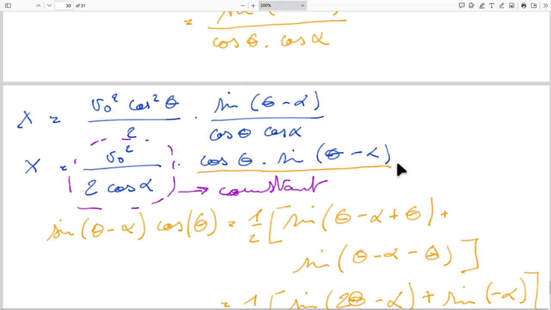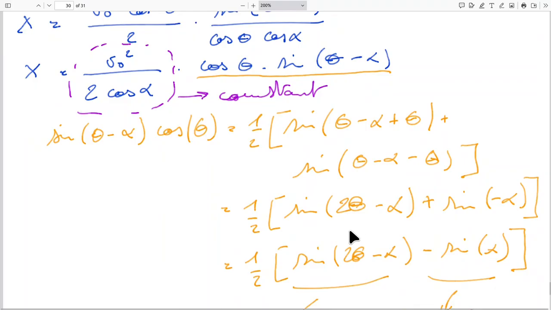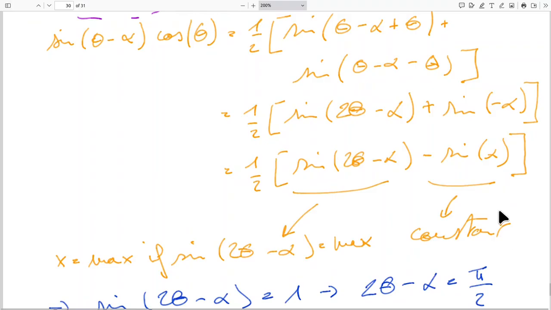Now this one, you can rewrite again. The sine of theta minus alpha times the cosine of theta is 1/2 of the sine of the sum, so theta minus alpha plus theta, plus the sine of the difference, so theta minus alpha minus theta, which obviously gives you a sine of 2 theta minus alpha plus sine of minus alpha, and sine of minus alpha is the same as minus the sine of alpha.